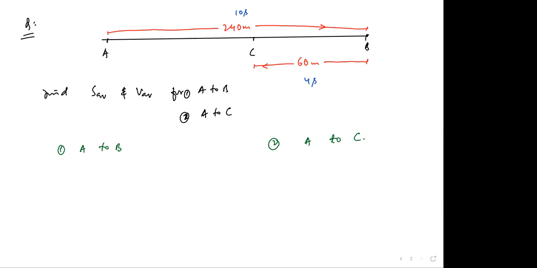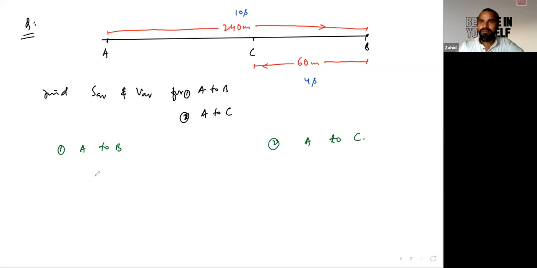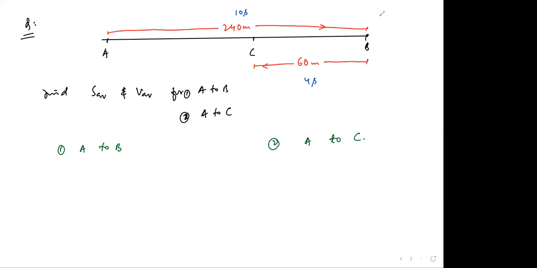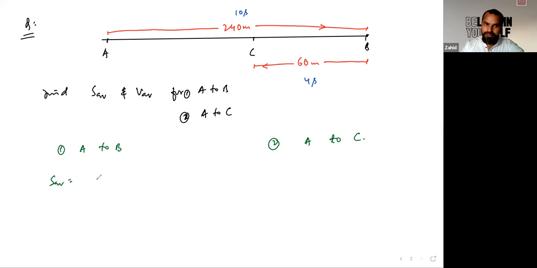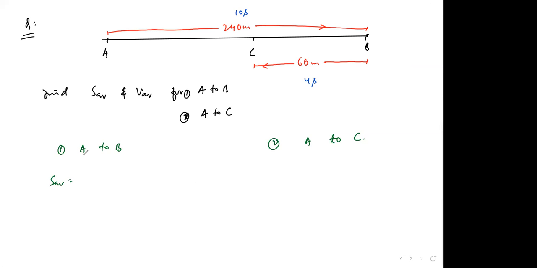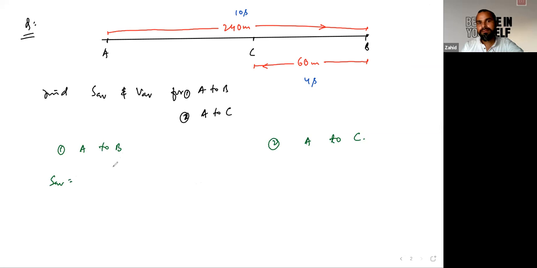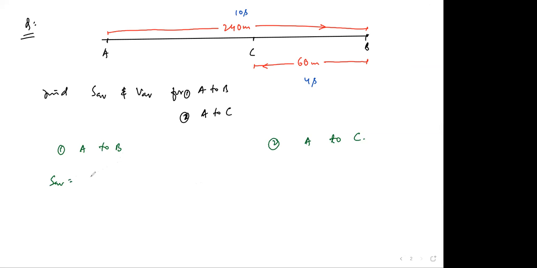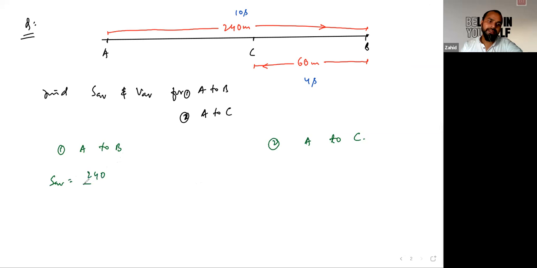Sir, I have confusion in average speed. What is your confusion? Tell me, is it about the formula? Average speed is nothing but total distance over total time. So for the first part, going from A to B, the total distance traveled is 240 meter and the total time taken is 10 seconds.